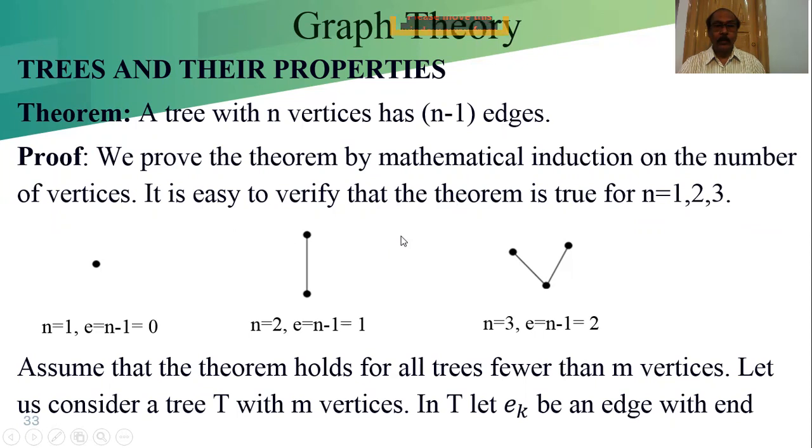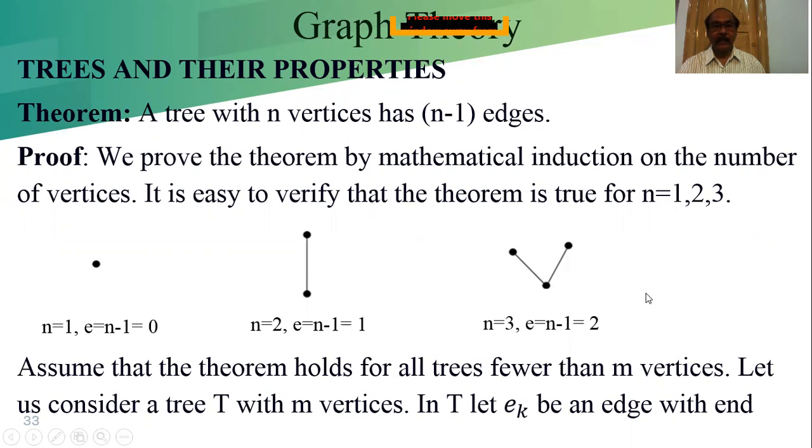Now we show that it is true for m or less values of n. Let us consider it is true for n equal to m and less than m. Then we show that it is true for m. This is one way. Another way is to show that it is true for n equal to k, and also true for n equal to k plus 1.